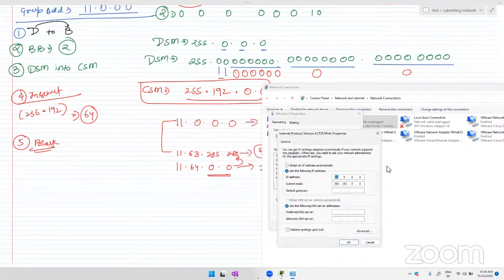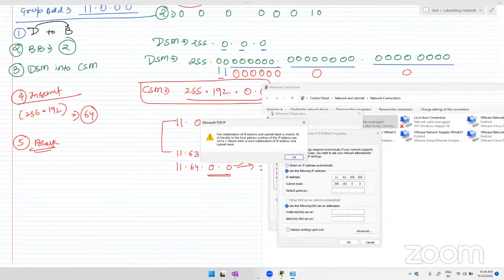Now try the broadcast address first: 11.63.255.255. Read the error: the combination of IP address and mask is invalid.